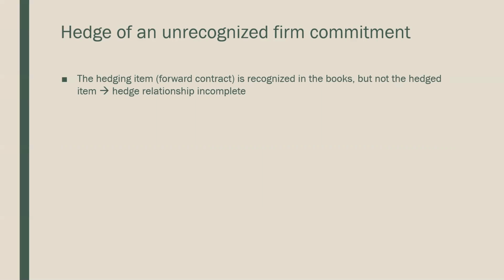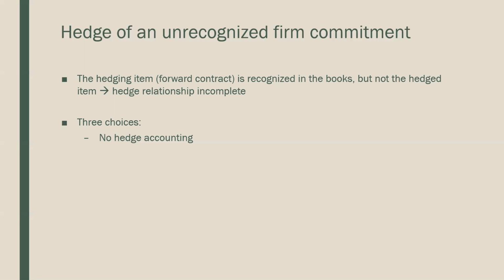Looking at the hedge of an unrecognized firm commitment, the hedging item, the forward contract, is recognized in the books, but not the hedged item. So essentially, we don't have a complete hedge relationship yet. The company has three choices. They can choose not to apply hedge accounting. If they do that, then any gain or loss on the forward contract will be reported in profit or loss.